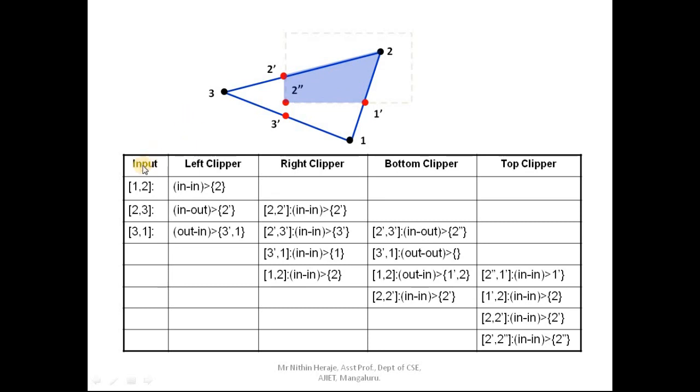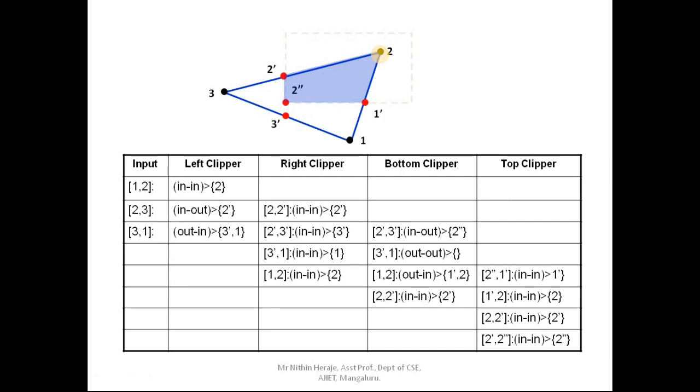Okay, so first, let me input the first edge, that is point 1 to 2, and check which of the four possible cases this is. This is 1 to 2, that is from outside to inside. When it is from outside to inside, you'll have a new point 1 dash, and the output should be 1 dash and 2, correct? So that is when it is 1 to 2.